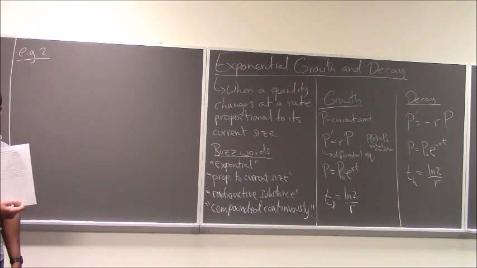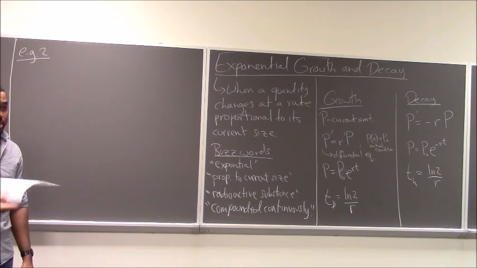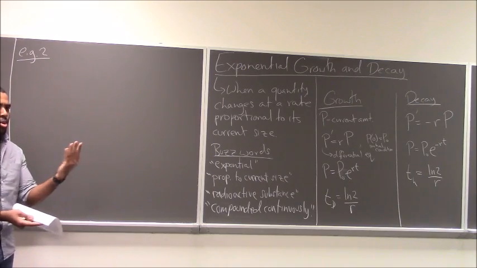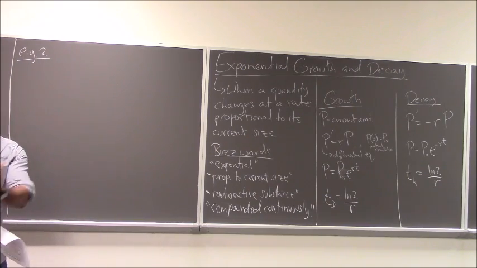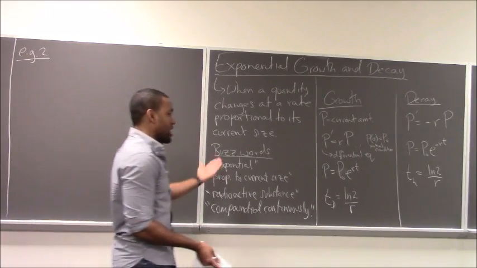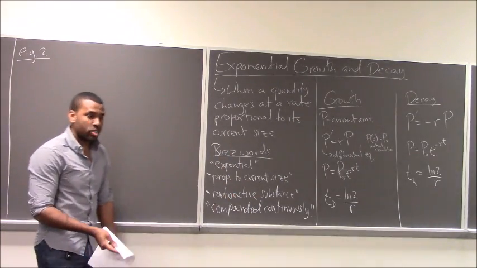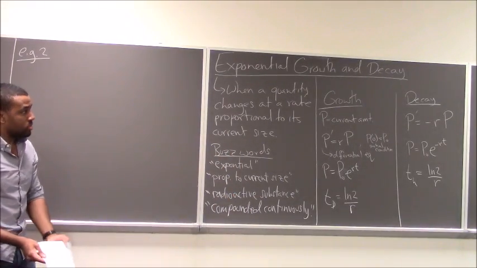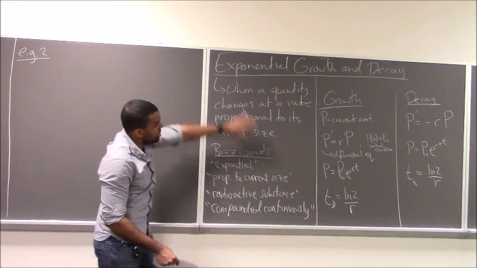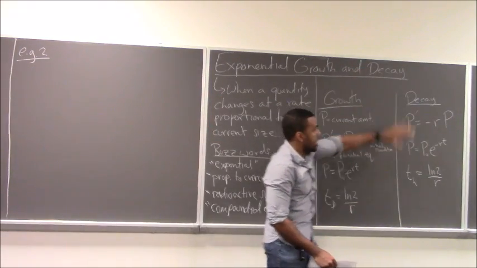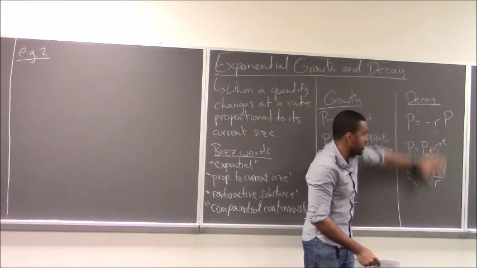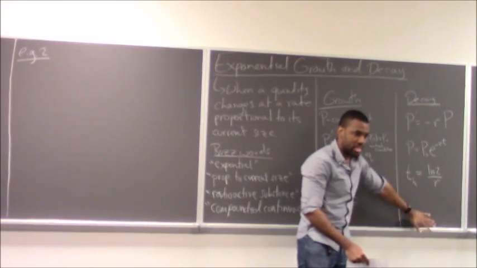Okay. It also says half-life, right? Once they say half-life, that's them saying there's going to be a point where there's half of what was there before. So that indicates a decrease. Also, radioactive substances actually will decrease over time. So there are a bunch of things that tell you that you're in this topic, and specifically you're looking at decay, which means this set of equations is what will take effect from now on. So in your head, you know that I'm going to be using one of these guys over here.